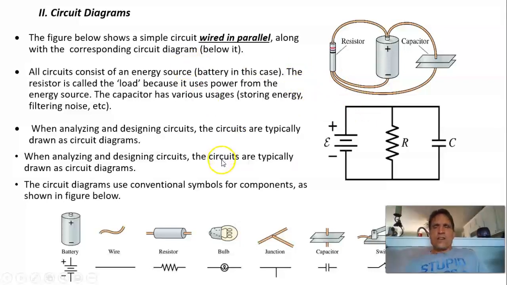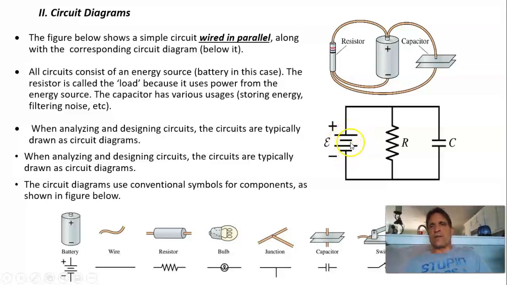What we have to get used to is learning the symbols used to express each component. So here's a battery. A battery is drawn as a series of larger and smaller parallel lines. The largest line corresponds to the positive terminal of the battery, and the smallest line corresponds to the negative.